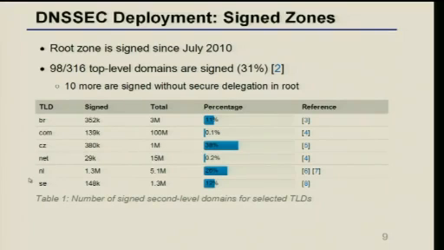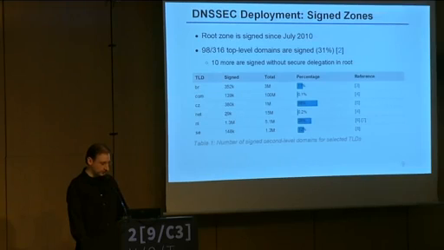For example, .nl, the Netherlands top-level domain, has more than 1 million signed second-level domains. It's the largest signed zone. And if you compare this with, for example, the net top-level domain, you will see, okay, there's only 29,000. So it varies. These are probably the best numbers.